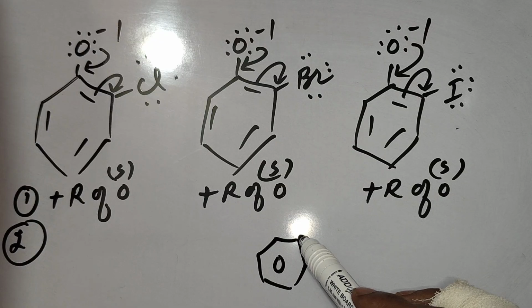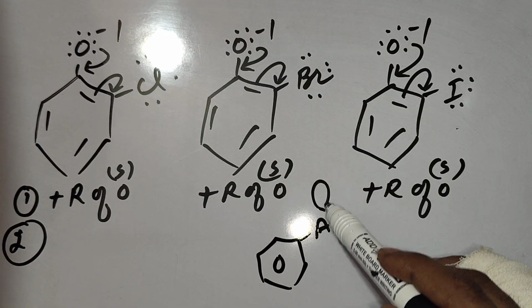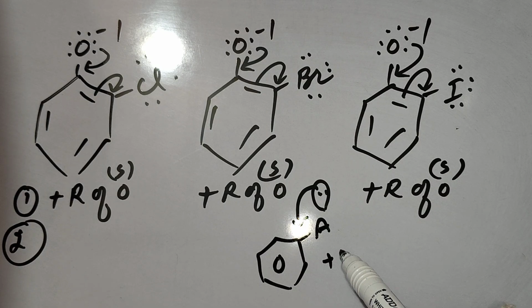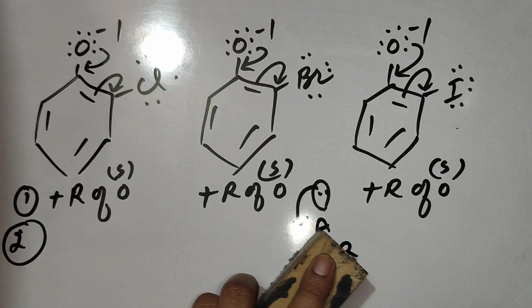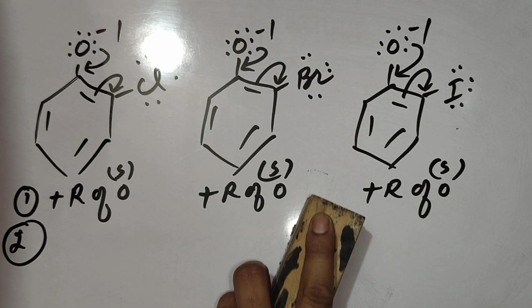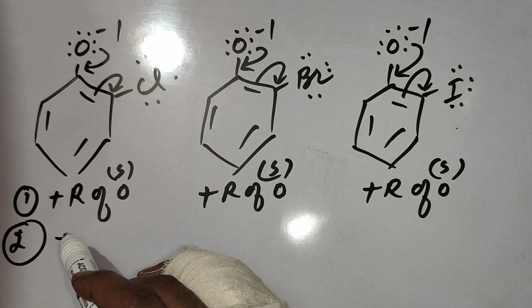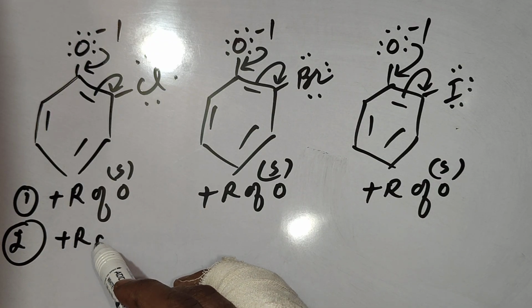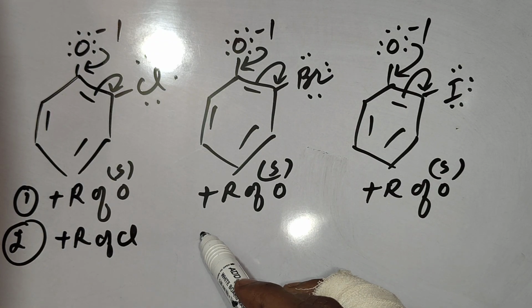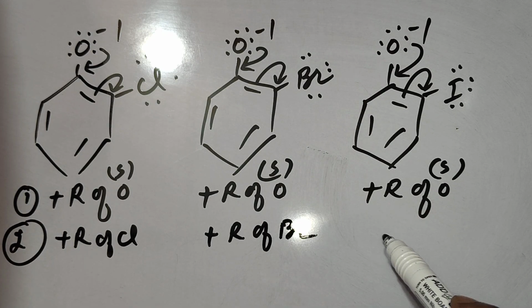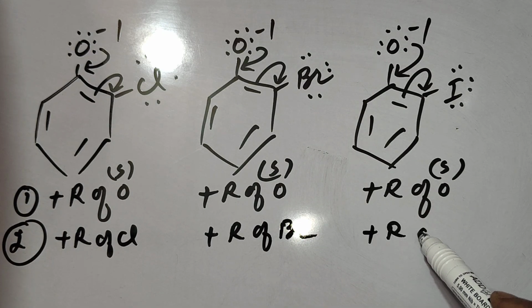If the benzene ring and the atom connected to it have a lone pair, it will deliver its lone pair, meaning it is going to show plus R effect. Chlorine, bromine, iodine all have lone pairs and they are directly attached to the benzene ring. So they are going to show plus R effect: plus R of Cl, chlorine. Here also we have plus R of Br. Here will be plus R of iodine.